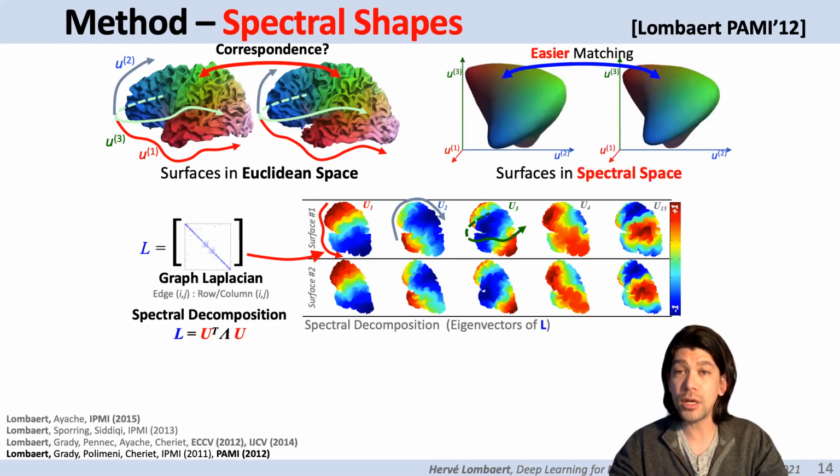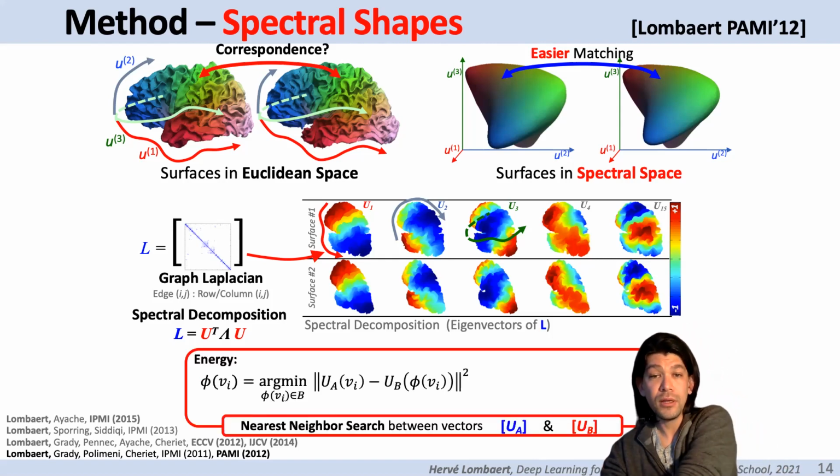Those are the blobbish shapes that you get. Those two brains have very different geometry in Euclidean space, but they are very similar in the spectral shape space. So now you start to see why matching is much easier in the spectral domain. That's the strong property we use for finding matching.